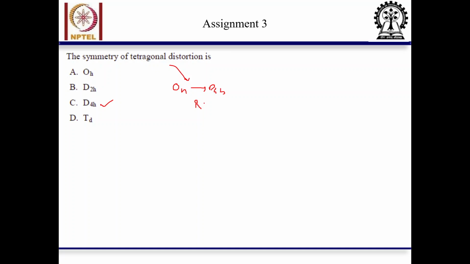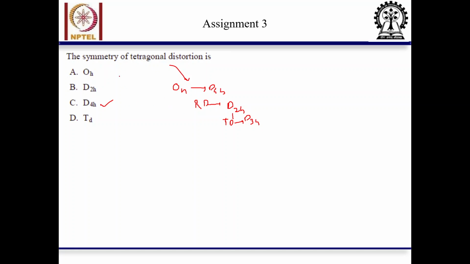Upon rhombic distortion, it will go to D2h. And if you do trigonal distortion, it will go to D3h. So you have to see how it is going to D4h, D2h and D3h.